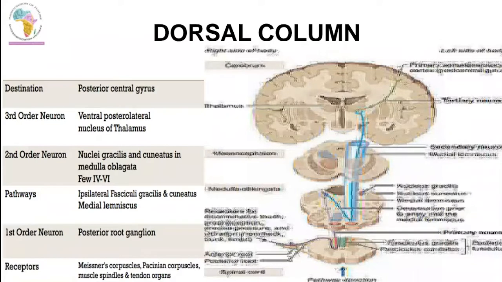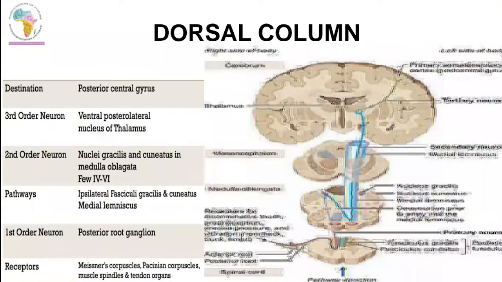sensations from different receptors, such as the Meissner's corpuscles, the Pacinian corpuscles, the muscle spindles and the tendon organs. This is where it receives its sensory information, or action potentials, from.